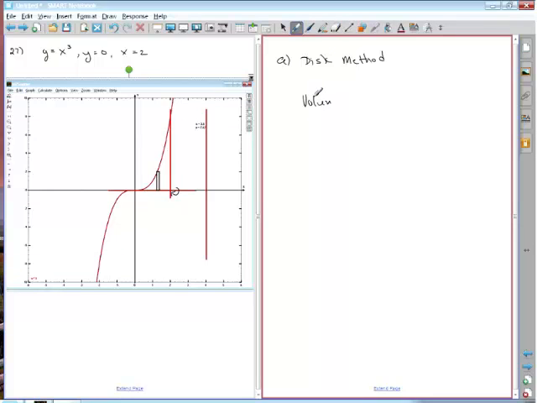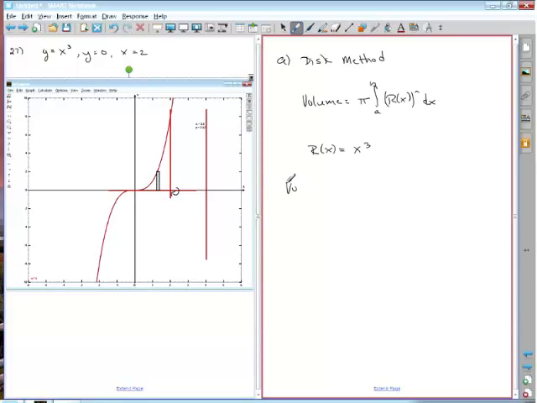Since we have a horizontal axis of rotation, the volume is going to be pi times the integral from a to b of capital R of x, quantity squared, dx. In this case, R of x is equal to x cubed. And the limits of integration are the x limits, which go from 0 to 2.